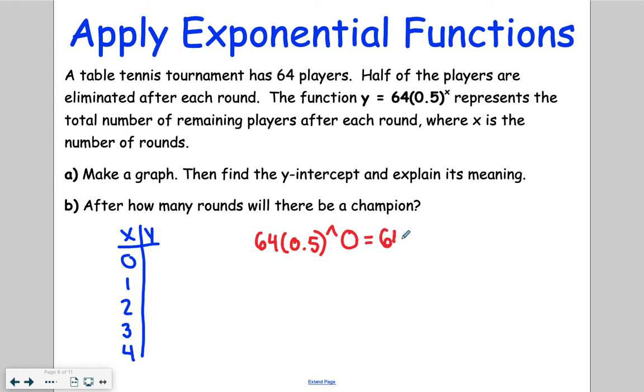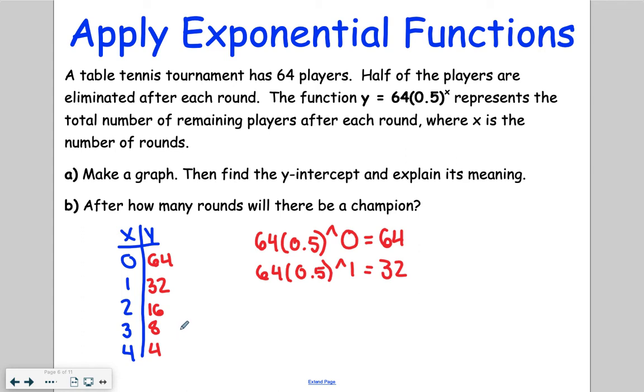That's going to give you an answer of 64. Then you would do the same process, but instead of caret 0, you change that to caret 1, and that's going to give you 32. You would continue to plug that same equation in, changing the exponent every time. 2 is going to give you 16, 8 for 3, and 4 for 4.